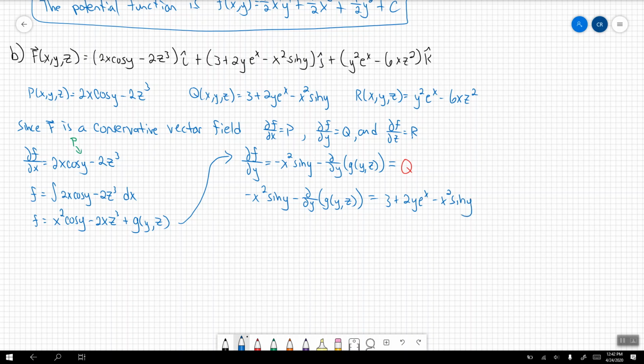Now if you notice here, the x squared sine y terms are going to cancel, and we're going to be left with this function here. So the partial of g with respect to y is equal to 3 plus 2y e to the x. There we are.